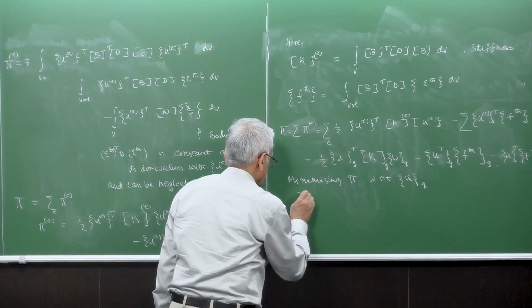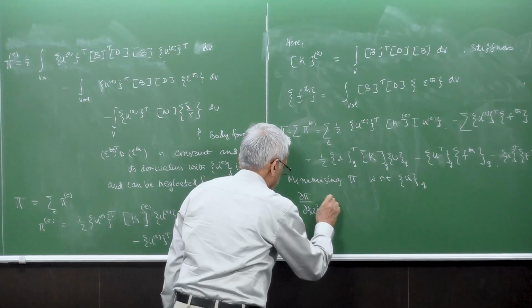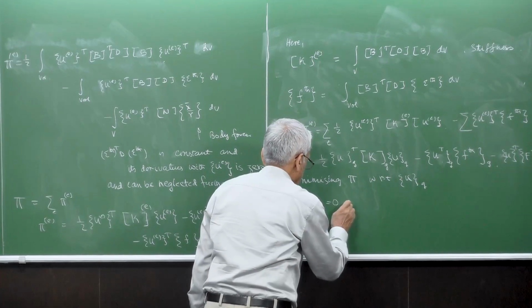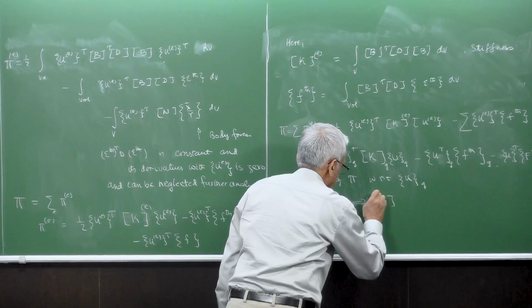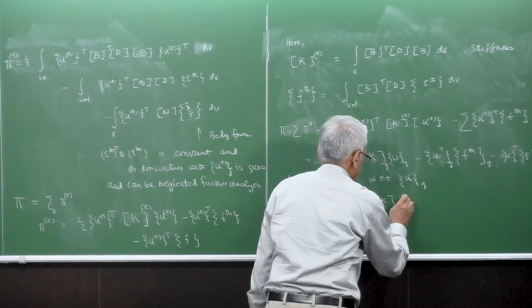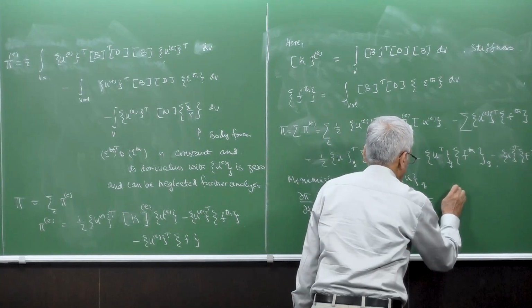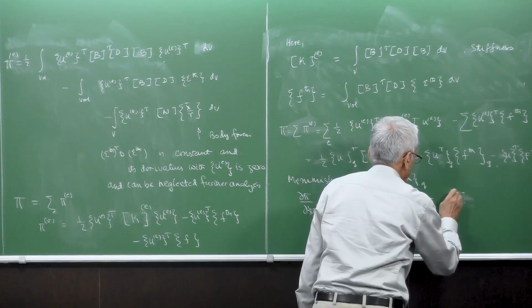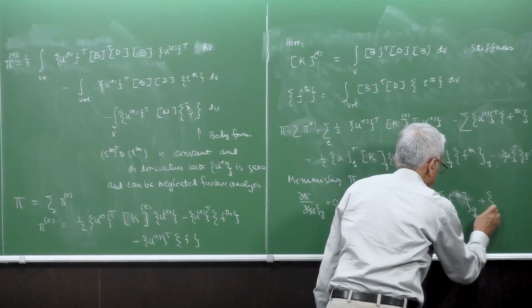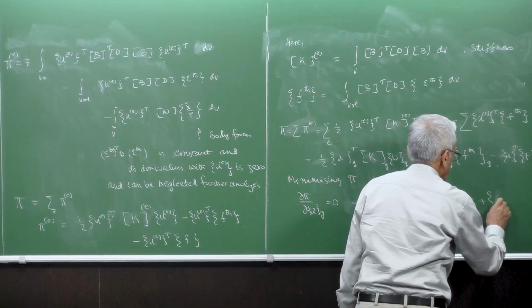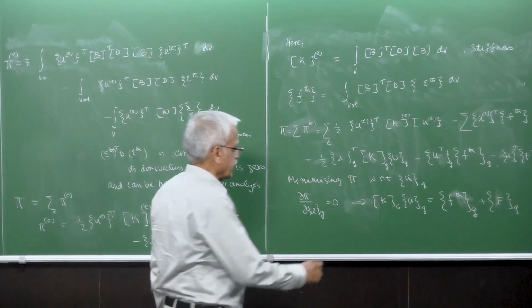Okay, so that's dou pi by dou U global equal to 0. Then this leads to the final equation.